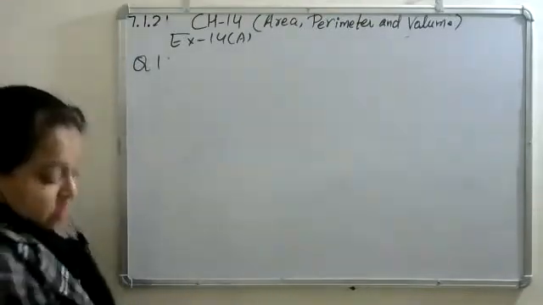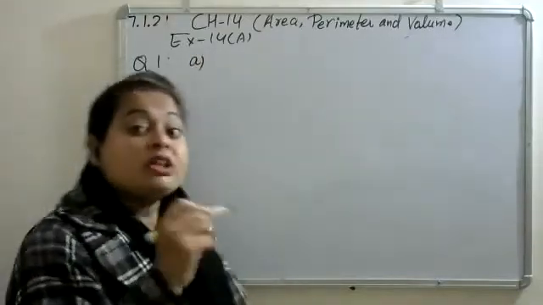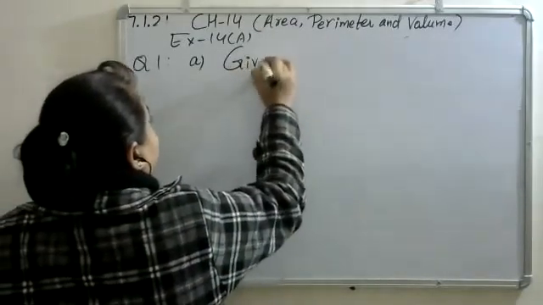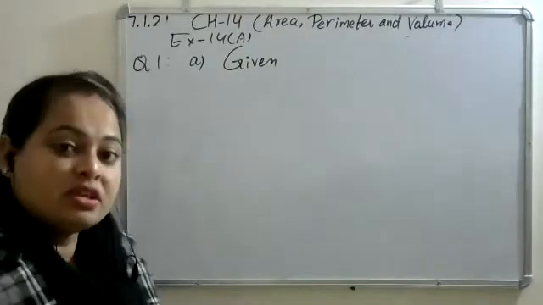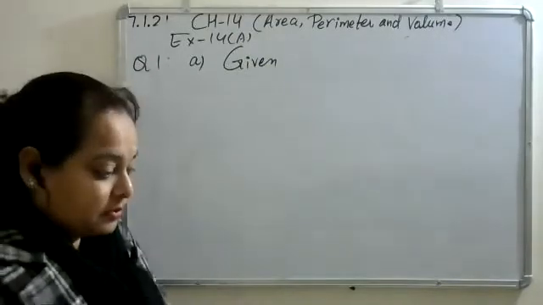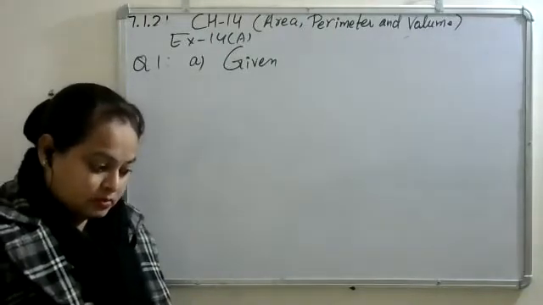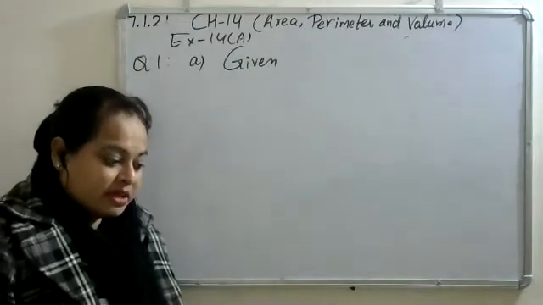So A part, first of all you will write what is given. So given. What is given? Students, write down in the chat box which information is given to you in question number 1. 9 centimeter.